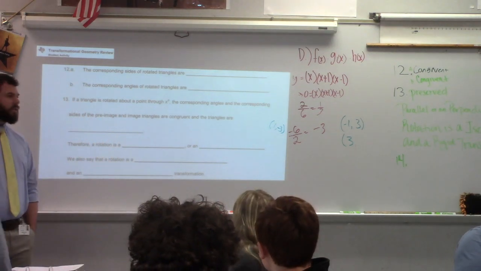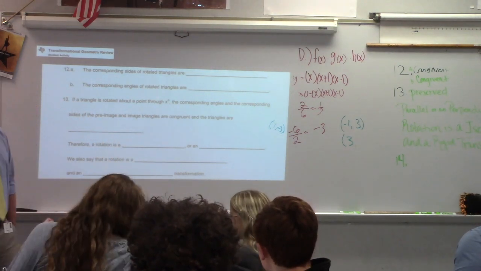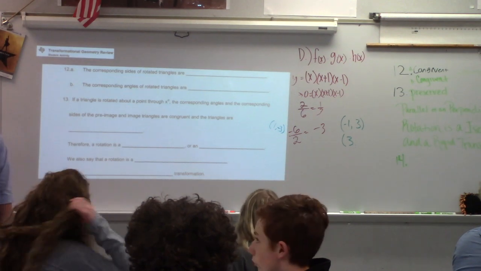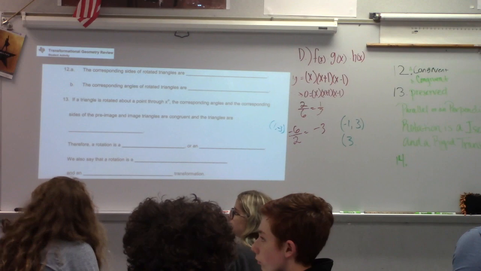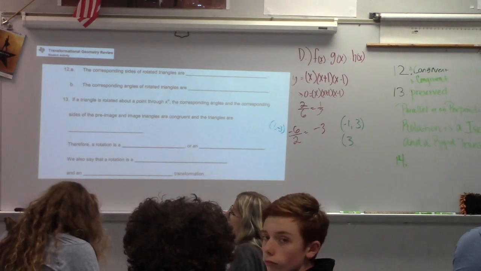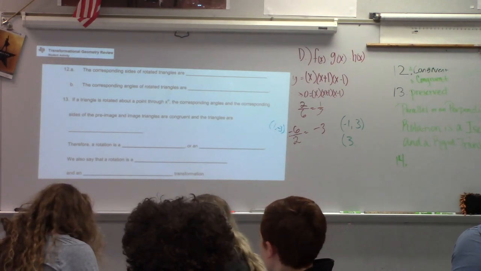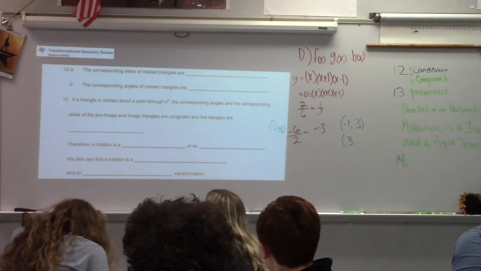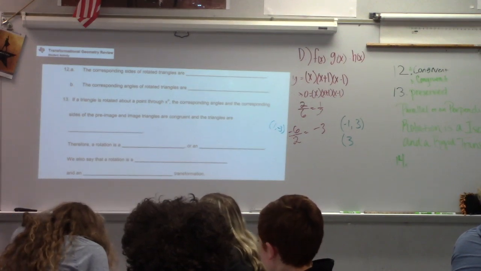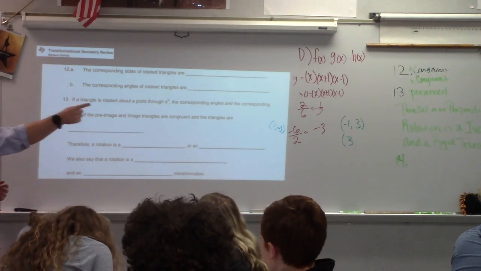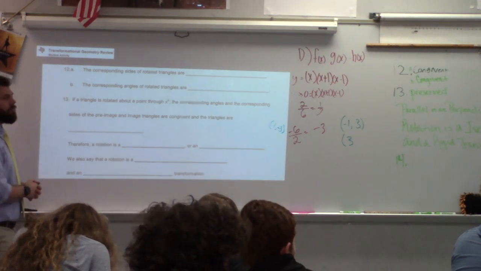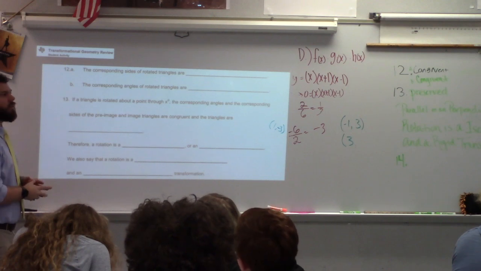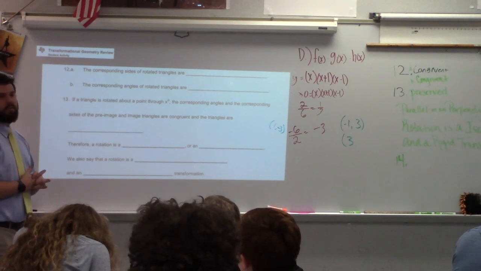All right, so let's talk about some. Okay, so I've seen two different sets of answers when it comes to A and B on number 12. Some people are saying that those corresponding sides are congruent, but I also see the corresponding sides are parallel and perpendicular. If you have a rotation, are the corresponding sides always parallel?